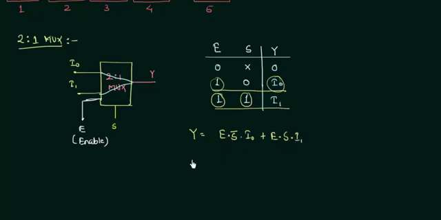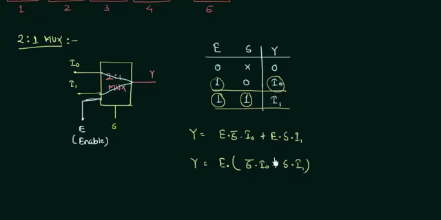You can see that E can be taken as common, so let's take E as common and we are left with S bar I0 plus S I1. Okay, and it is very clear that when the value of E is 0, since it is an AND operation, Y is always going to be 0, which I already explained. The remaining thing is very easy to understand. We just write it down from the truth table that we obtained.